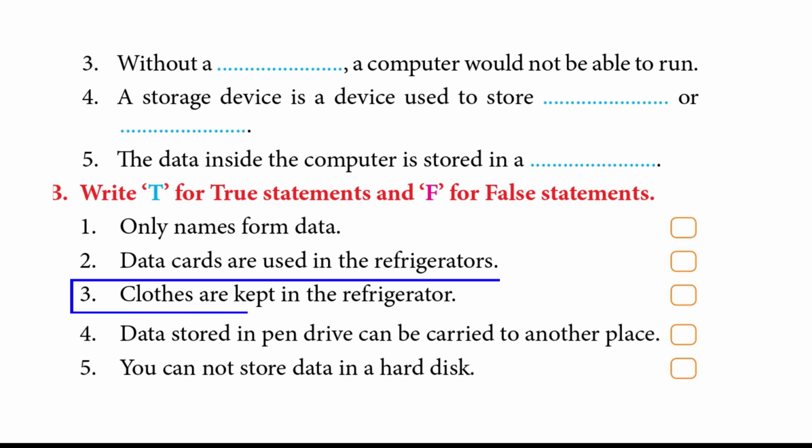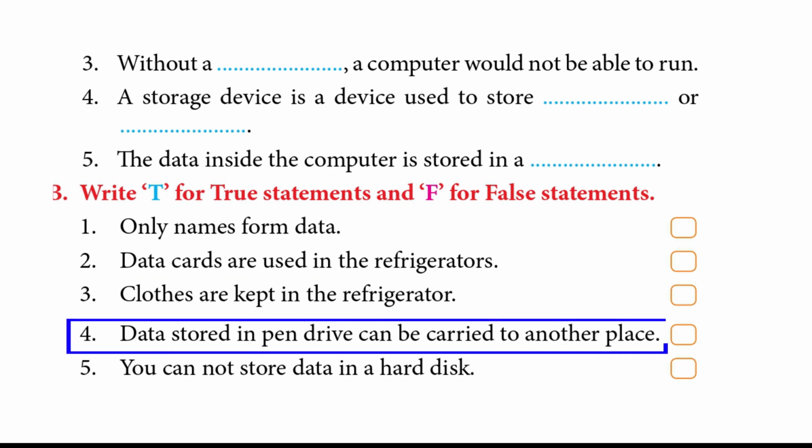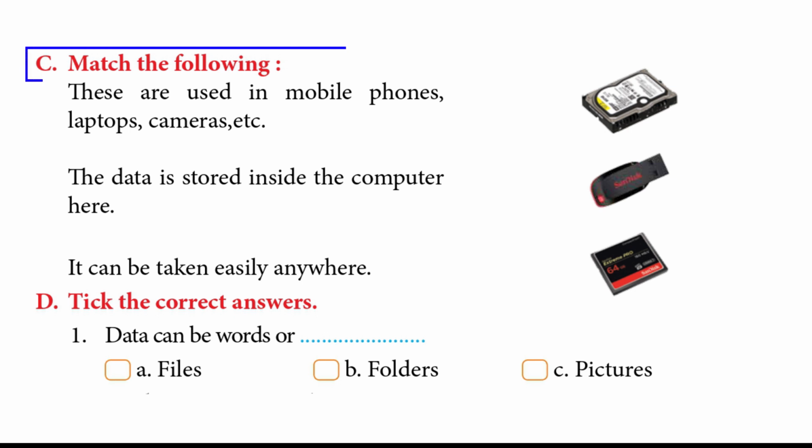Clothes are kept in the refrigerator. Answer: false. 4. Data stored in a pen drive can be carried to another place. Answer: true. 5. You cannot store data in a hard disk. Answer: true.